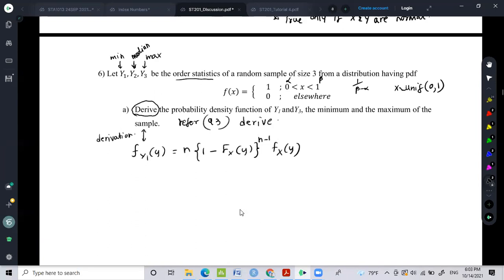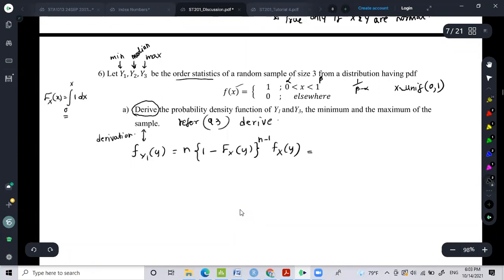Now, if you do that, can you find the PDF of the minimum? You have f(x). f(x) is there. You need capital F(x). Well, since it is the uniform density, may I write it? F(x) is, you have to integrate from lower bound 0 up to x of 1 dx.